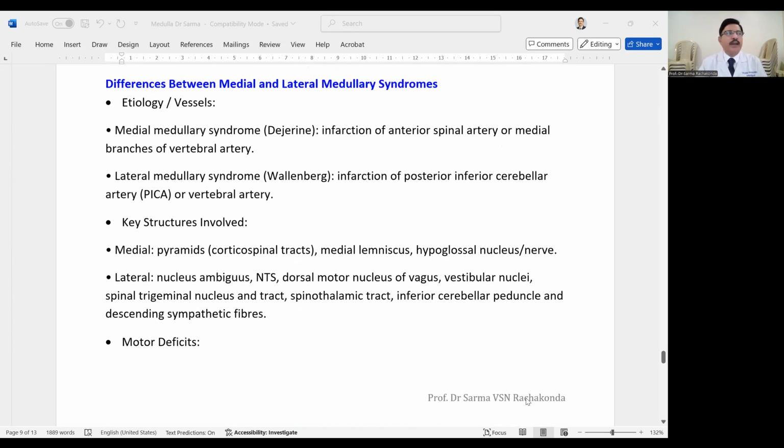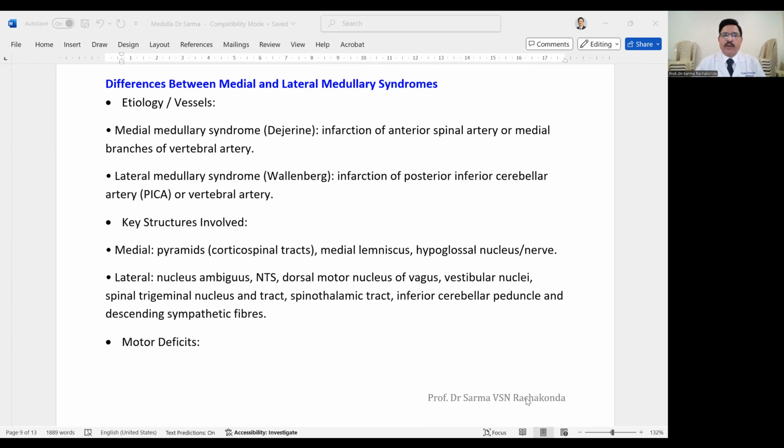Differences between medial and lateral medullary syndromes. Etiology and vessels. Medial medullary syndrome, Dejerine syndrome: infarction of the anterior spinal artery, medial branches of the vertebral artery. Lateral medullary syndrome: infarction of the posterior inferior cerebellar artery or vertebral artery.